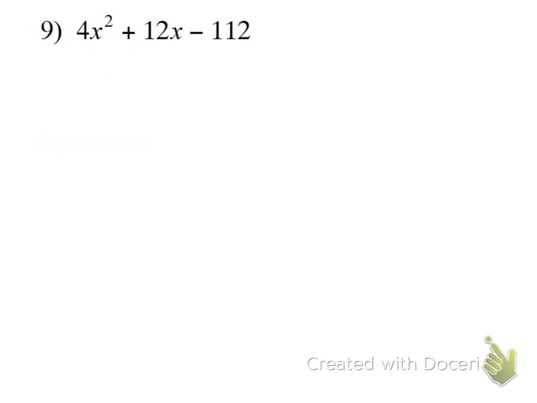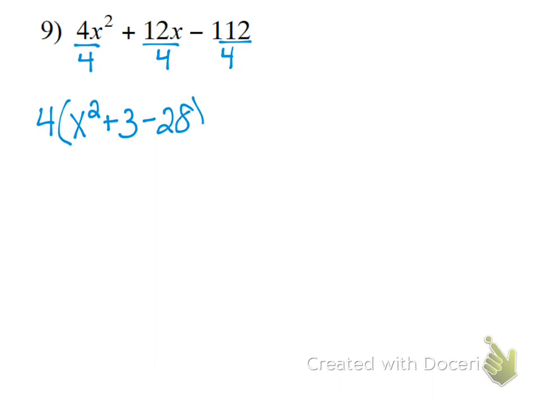All right, for question number 9, let's do the same type of thing. I'm looking for my GCF first. So I want to take out something from all 3 of these terms. I can take out a 4. Can't take out an x because the last term doesn't have an x. So I'm going to take out a 4, and then I'm just left with x squared plus 3x, and then minus 28.